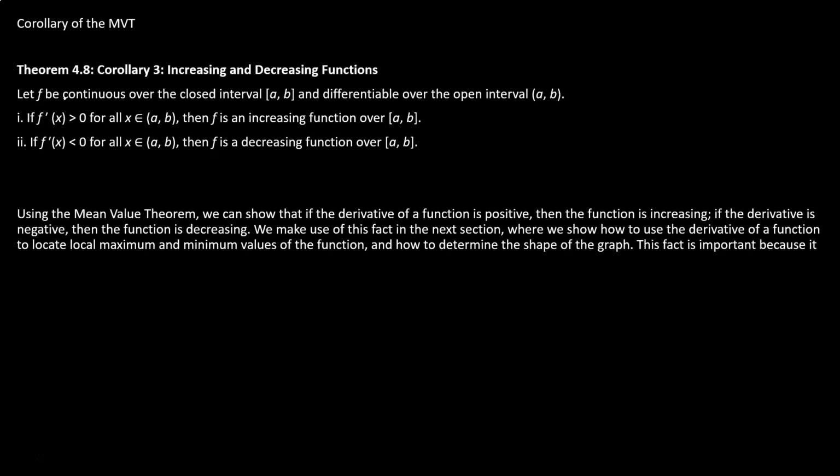So we have, again, a function that is continuous and differentiable, and we're talking about a specific interval from a to b. Part 1 of this corollary says that if the derivative is greater than 0, then f is increasing. If the derivative is less than 0, then f is decreasing.